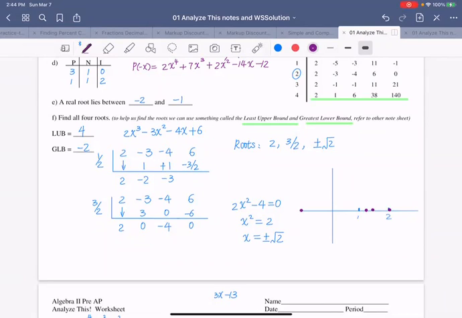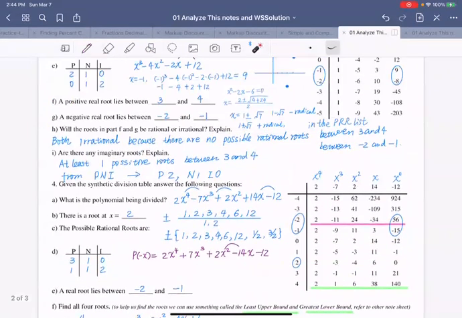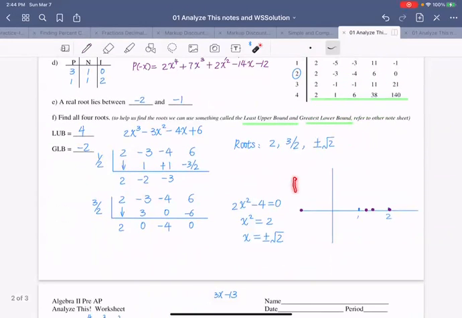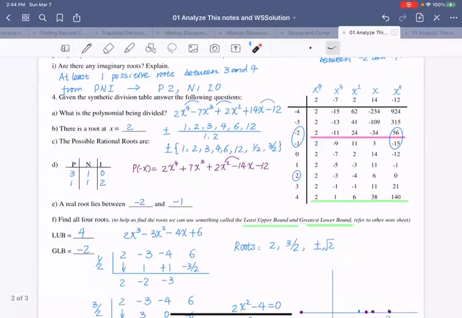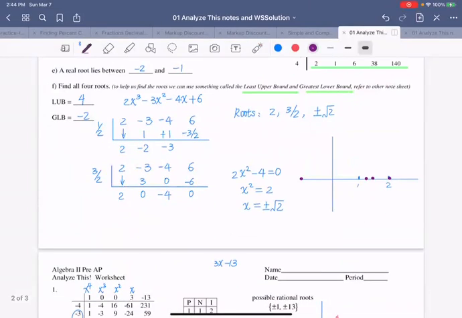Okay, so you can draw, because the leading coefficient is positive and it has the power of 4. It's going to be something like this, and you have a y-intercept at -12 over here.